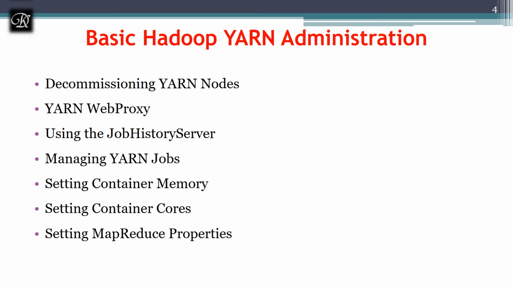And next, how to use the job history server. The removal of the JobTracker and migration of MapReduce from the system to an application-level framework necessitated creation of a place to store MapReduce job history.